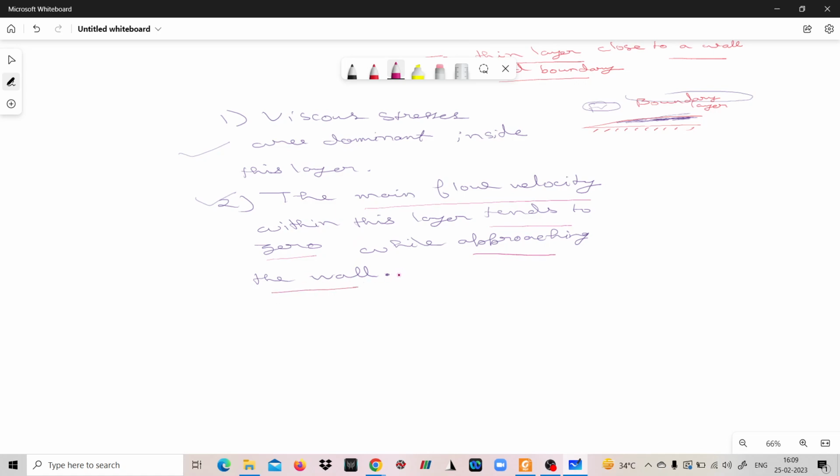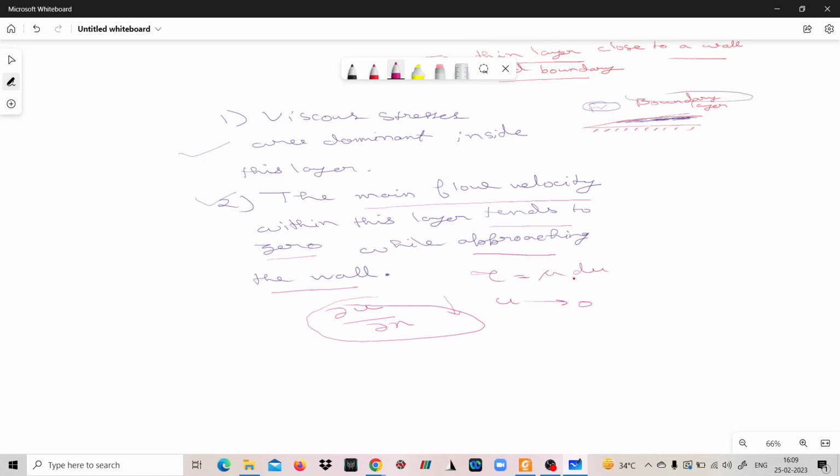It means that as you move closer to the wall, the velocity tends to 0. So this signifies the presence of a velocity gradient. I am writing del u by del n, where n is a direction, so it signifies the existence of a velocity gradient.